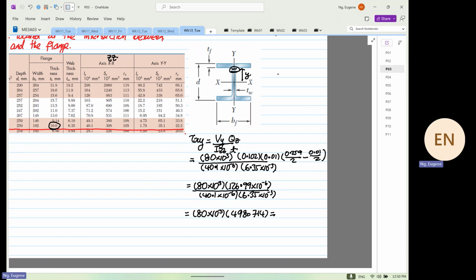And this will be times by 80 times 10 to the power 3, which is equal to 39.897 times 10 to the power 6 Pascal. Okay, let me do it again. 80 times 10 to the power 3 times by 498.714, 39.897. Okay.